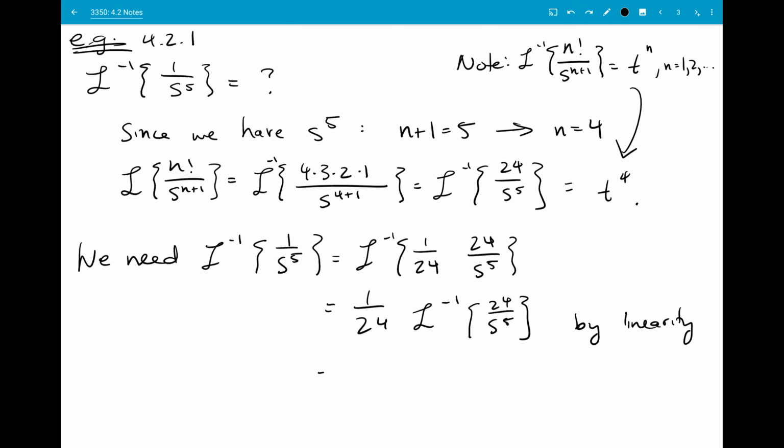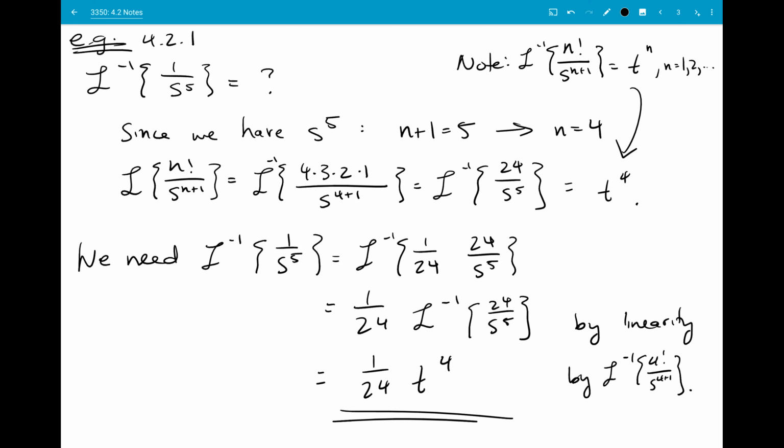So we would say that's 1 over 24 times t to the fourth, by L inverse of 4 factorial over s to the 4 plus 1. And that would be the answer for the inverse Laplace transform we were trying to take right there.